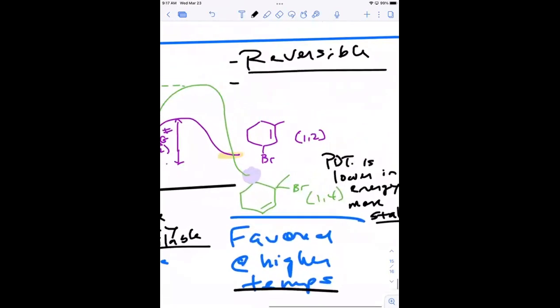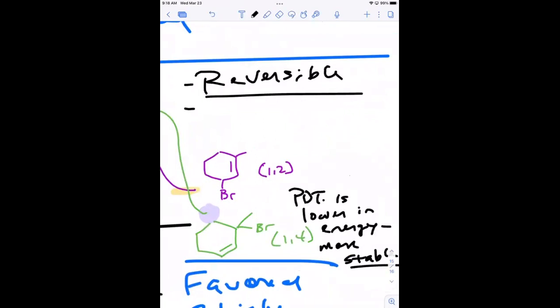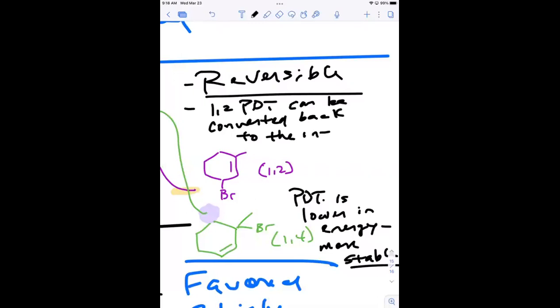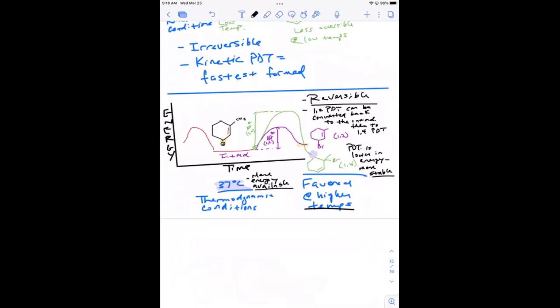So the less stable product can go back over the energy barrier back to the intermediate and then get converted into product, because the increase in temperature sets up an equilibrium.